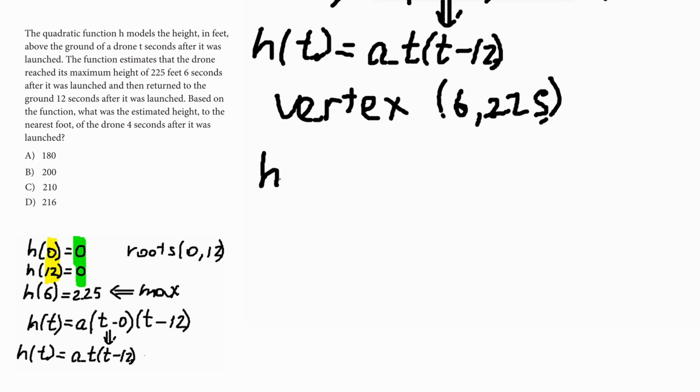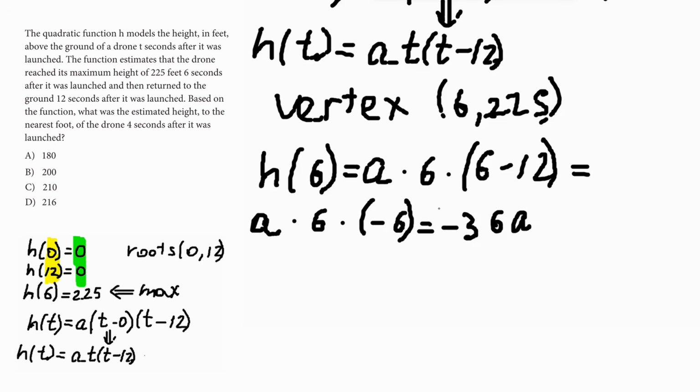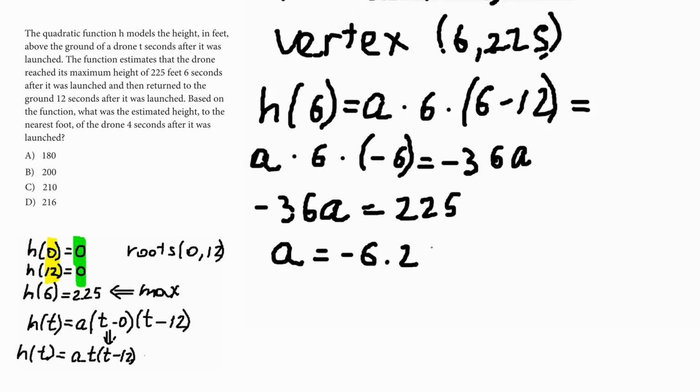So h of 6 equals a multiplied by 6 minus 12. And from here, we get a multiplied by 6 multiplied by minus 6, and we're going to get negative 36a. Now the last thing we want to do is set this equal to 225. So a equals negative 6.25.